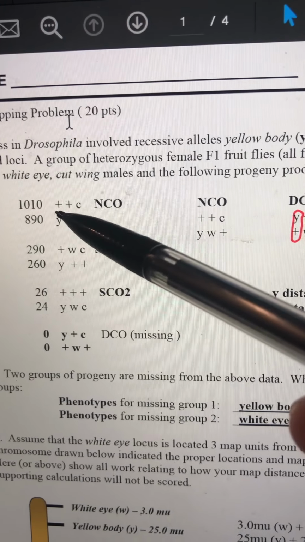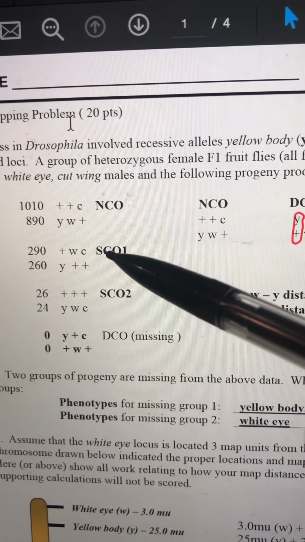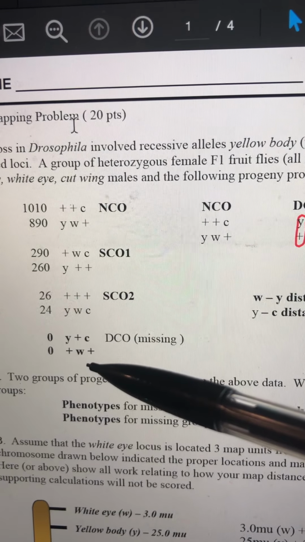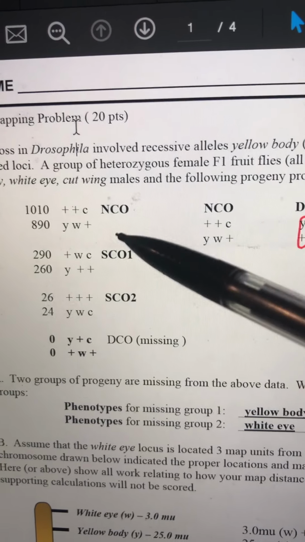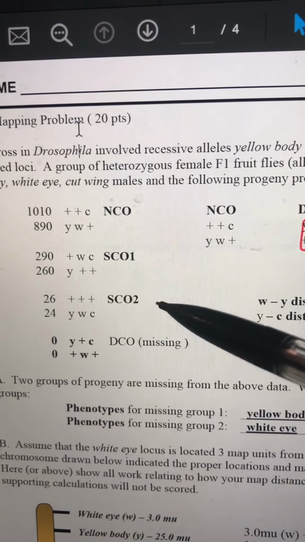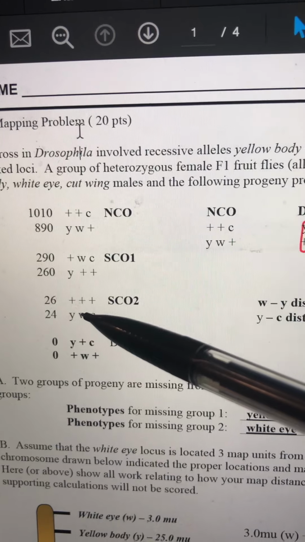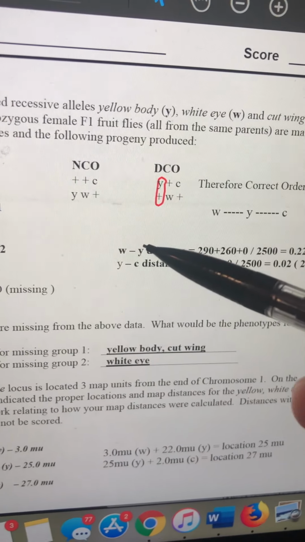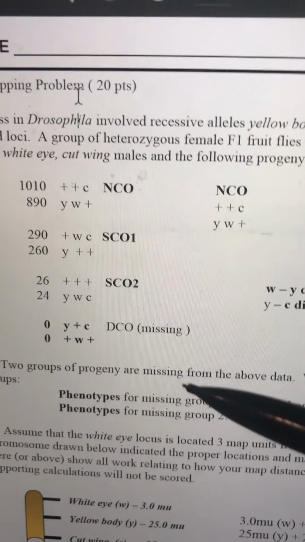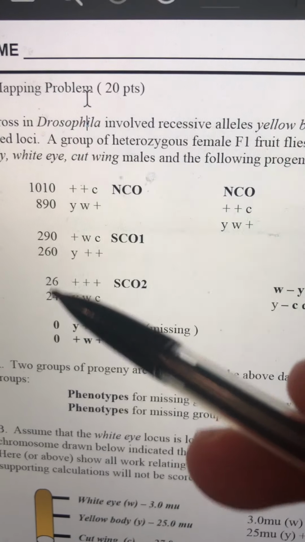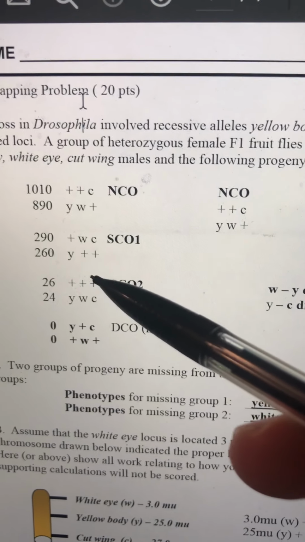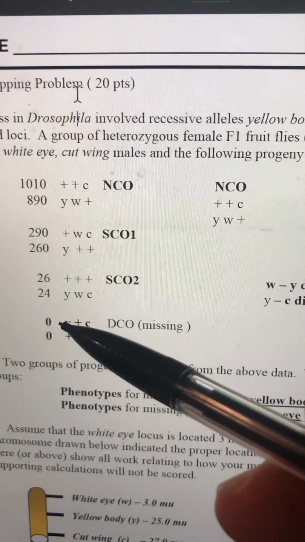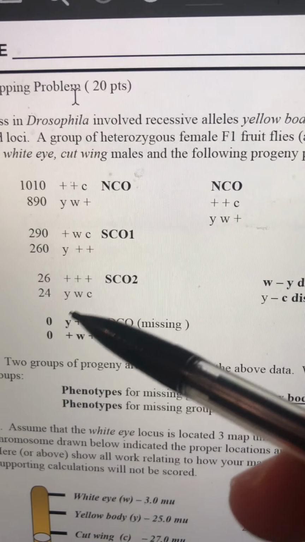Imagine this W is to the left of this Y. Then SCO2 is going to have the crossover between Y and C, because we're imagining this as being in the middle of W and C.